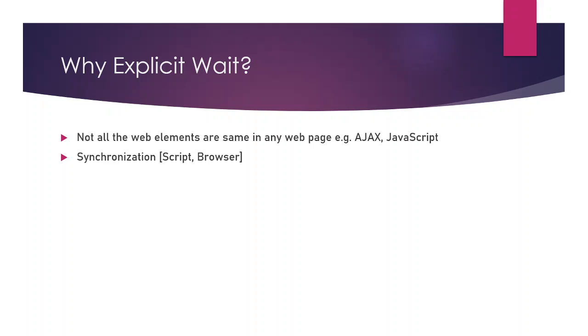Let's say in any web application we are working with, it has 10,000 locators, I mean 10,000 elements. Out of these, some 100 elements will load at various different times. Everything else will load at a constant time when you are loading the web page.